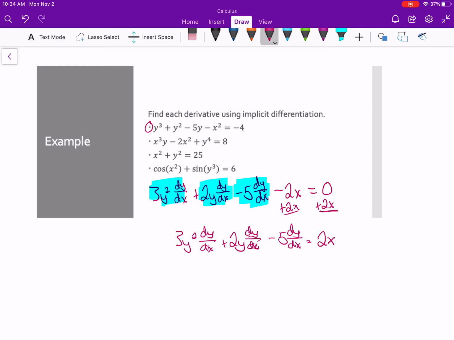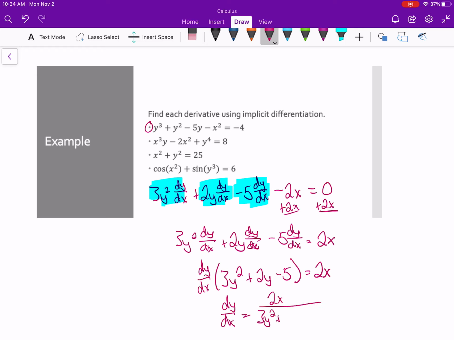Since all of these terms on the left side have a dy dx, I'm going to factor that out. So we have dy dx times 3y squared plus 2y minus 5 equals 2x. To get dy dx by itself, we divide by what's in that parentheses. So dy dx in this case is equal to 2x over 3y squared plus 2y minus 5. Notice that your derivative is going to have both x's and y's in it most likely, and that's okay.